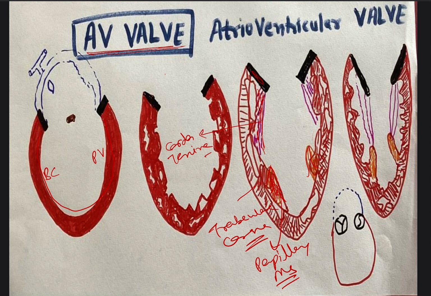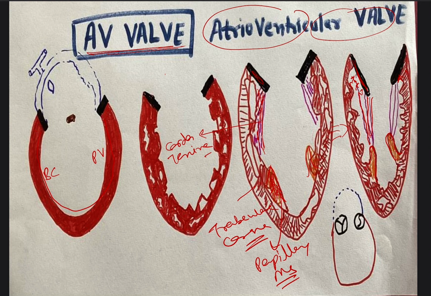Hence, with further development, these papillary muscles start appearing completely, and they are connected through this chordae tendineae to this dense mesenchyme, and this dense mesenchyme starts detaching from this bottom part and forms a valvular structure, and forms this AV valve.